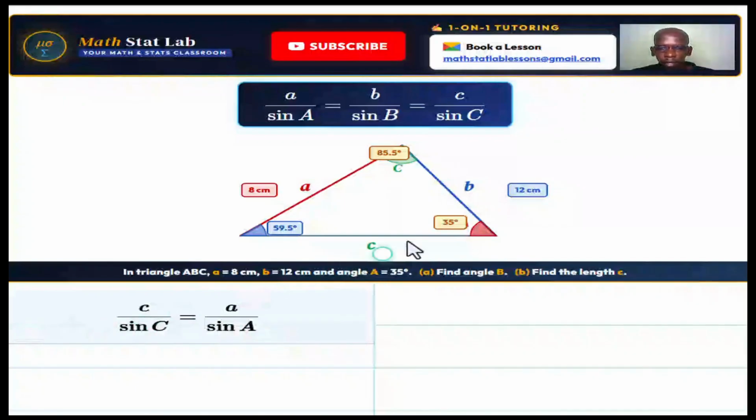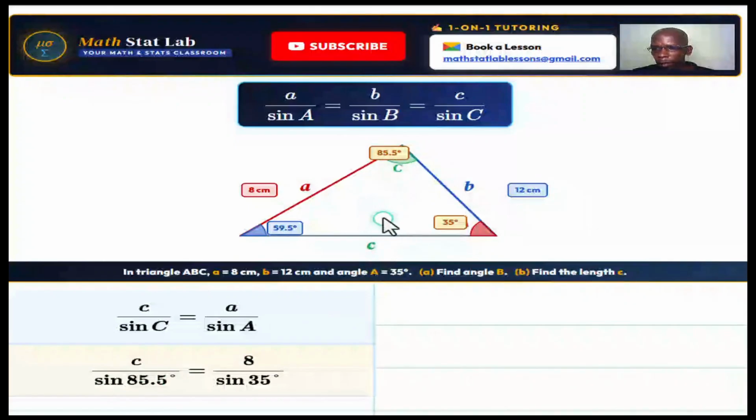But we are asked to find C. So the next thing would be C divided by the sine of C, which is 85.5. Of course, we got it. The sine of the angle directly opposite to C, which is 85.5, is equivalent to A, but we know A is 8 centimeters divided by sine of A, which is the sine of 35 degrees.